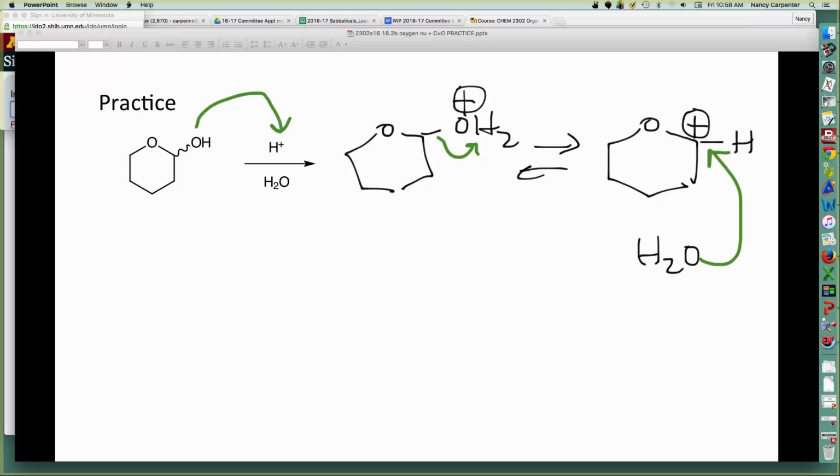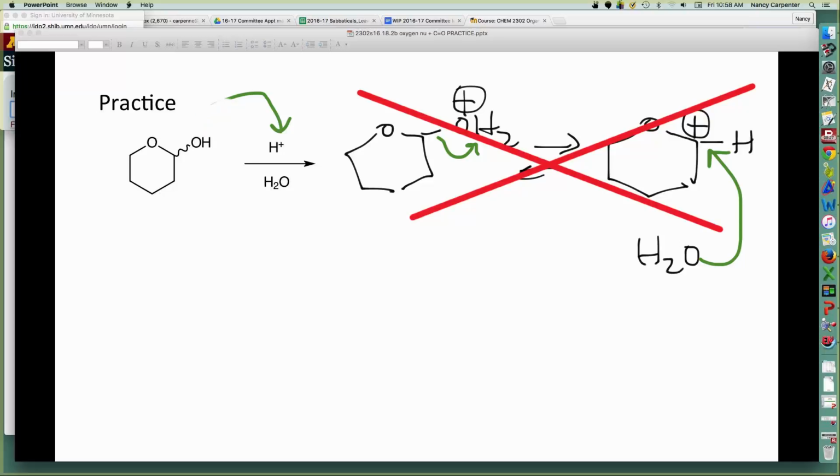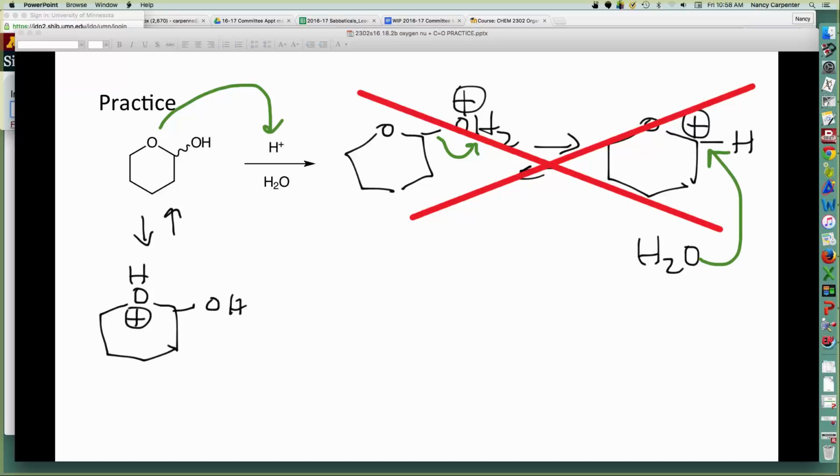Okay, so dead end. How about we try protonating on the other oxygen? Okay, if I do that, OH, okay, then I've got that. All right, now let's lose this leaving group.